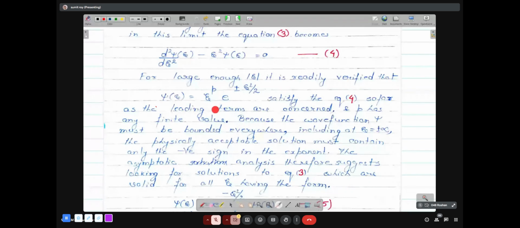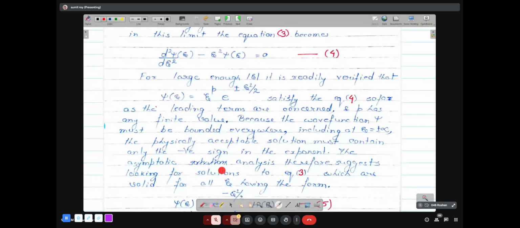This is so as far as the leading terms are concerned and p has any finite value. Because the wave function must be bounded everywhere, including at zeta equals plus or minus infinity, the physically acceptable solution must contain only the negative sign in the exponent.